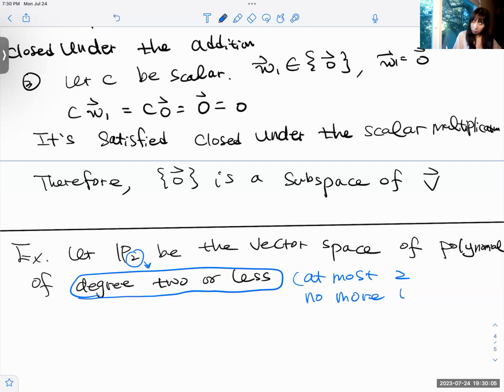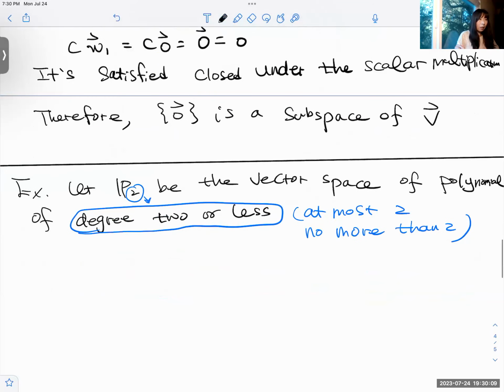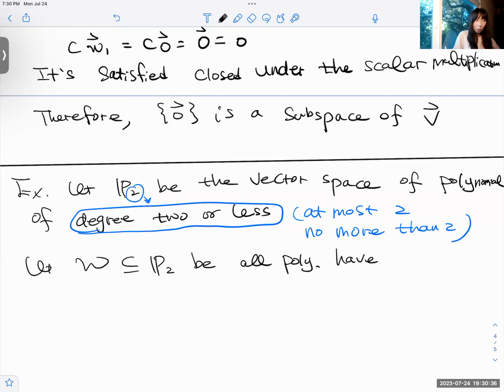Okay, all right, now we have let W be a subset of the polynomials of at most degree 2, all polynomials that have 1 as a root.